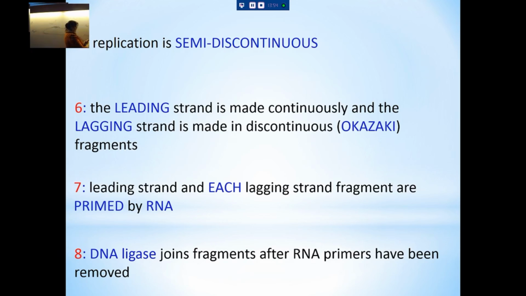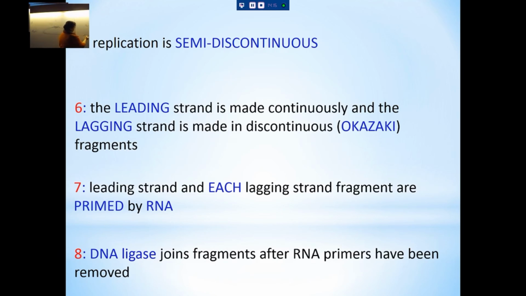So there is a DNA polymerase that will do this, to remove these ends, converting them all to DNA.